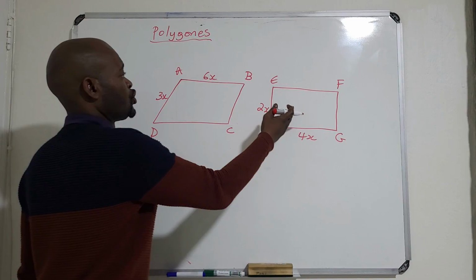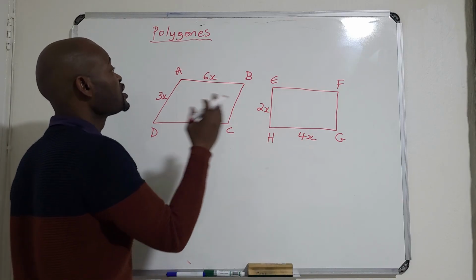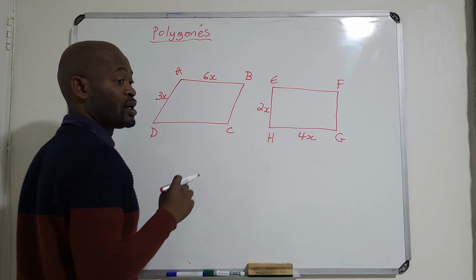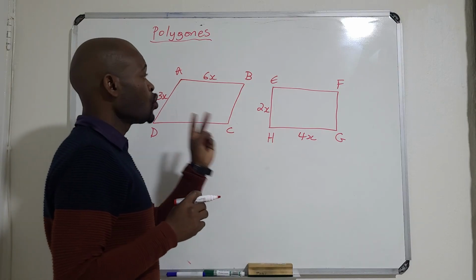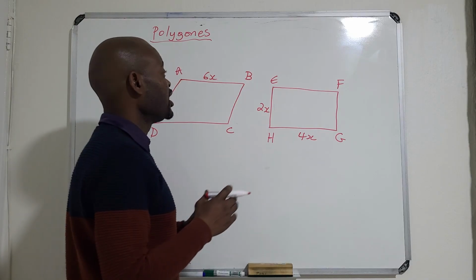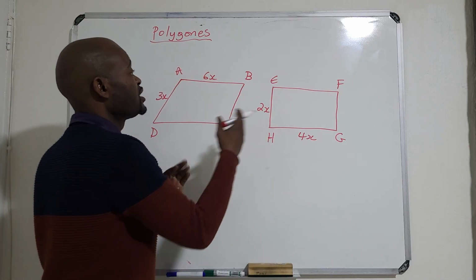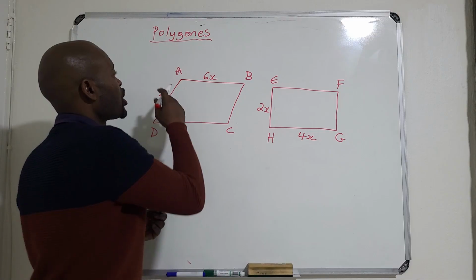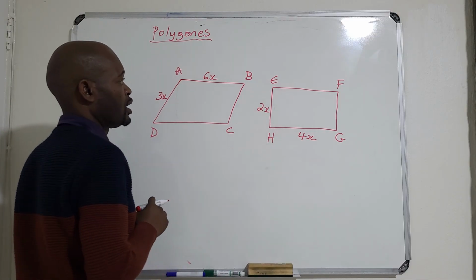Now the two polygons are not similar. Why? Because we've got two conditions of similarity: corresponding sides must be in proportion, and corresponding angles must be equal.